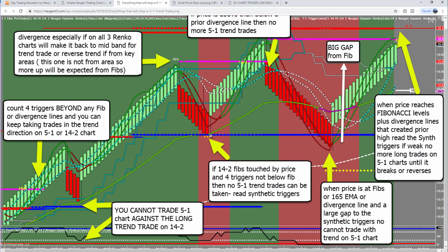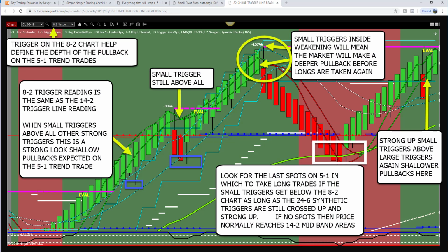If there's something against you on the big chart that says don't go short, you can't go short. Or don't go long, you can't go long. So for high probability trades, you have to think 3 pieces. 14-2 chart agrees or doesn't disagree. And then the 8-2 chart really agrees or says, well, we're going to go a little deeper.